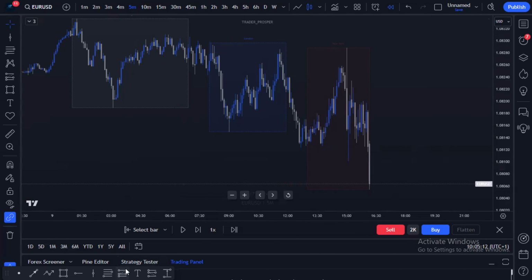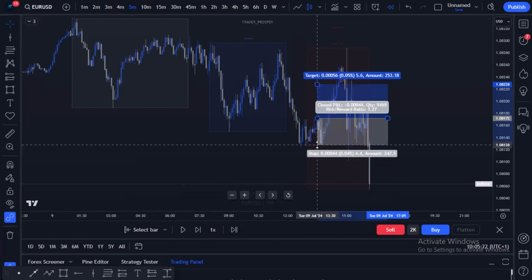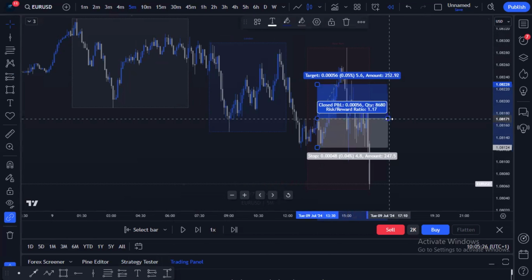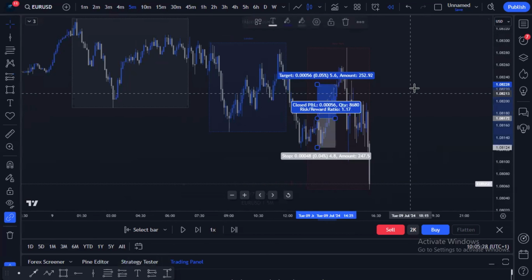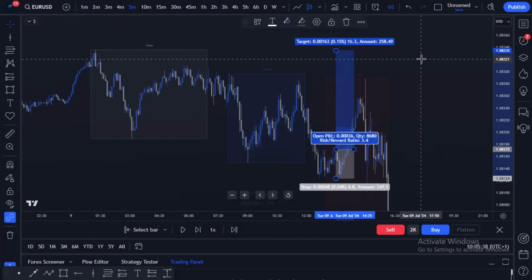So entering this kind of zone, it's when price engulfs the previous move back down, right? My entry will be at that point and stop loss will be here.